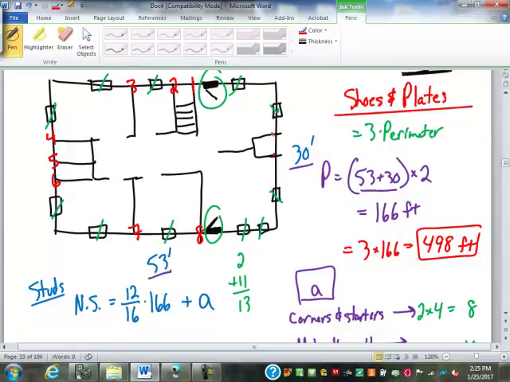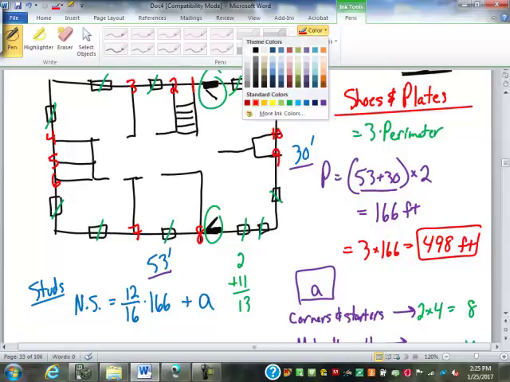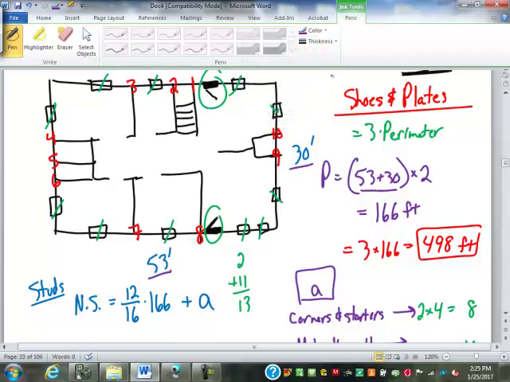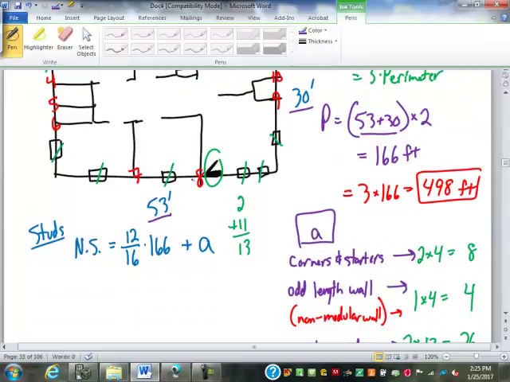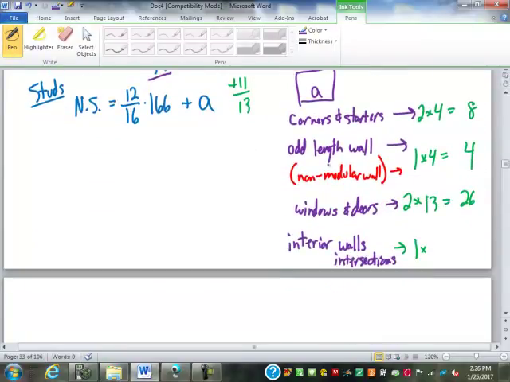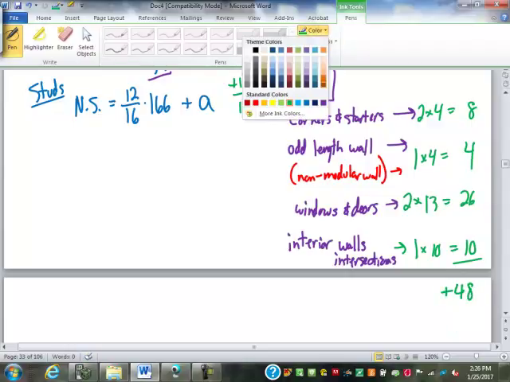And this is the one I said is a little bit fuzzy. Is that 1 or just 1, or is it 2 separate ones? We're going to count it as 2 separate ones. So 9 and 10. So we're going to count that as 10 interior wall intersections. Remember, we only care where the interior walls hit the external walls. So 1 times 10 is 10. So that adds up to 12, 38, 48. So A is plus 48.